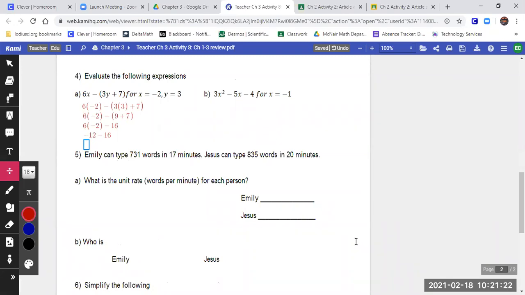Add them and do what? Keep the sign, not subtract and keep the sign. Okay. Add and keep the sign they already are. So if there's two positives, we keep the positive. If there's two negatives, we keep the negative.